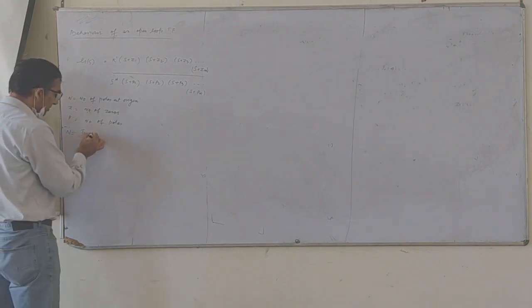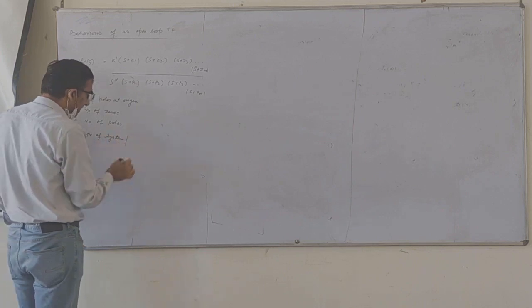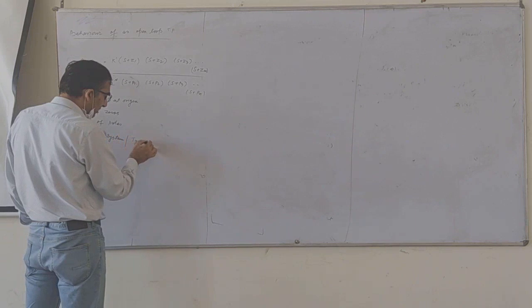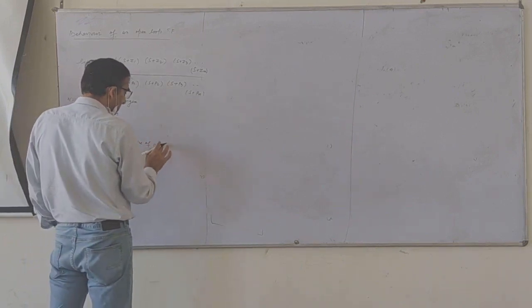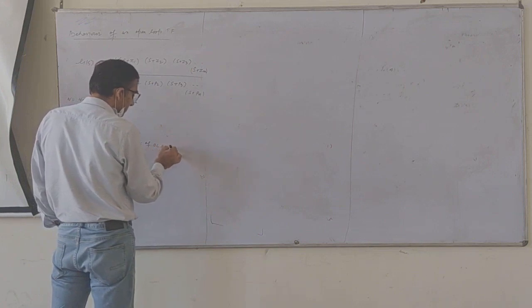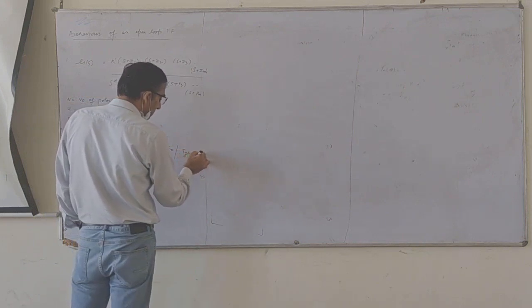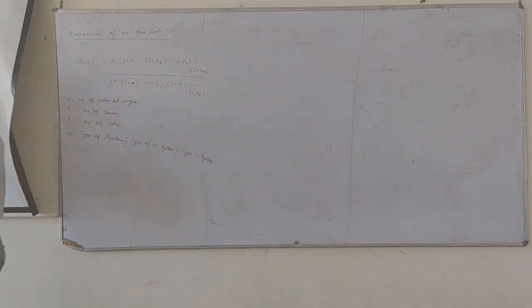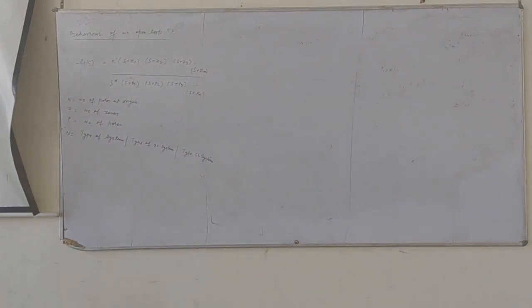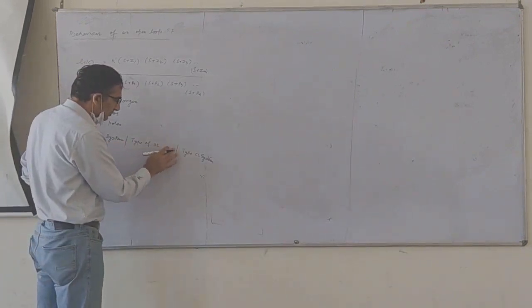So type of system, type of open loop system, type of closed loop system. When we talk about a system, or write it as a transfer function, both are the same thing.